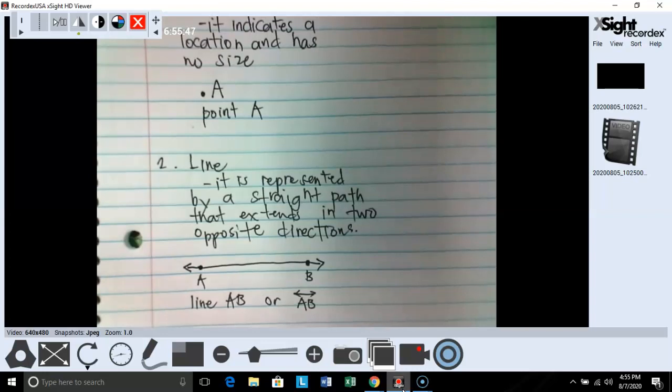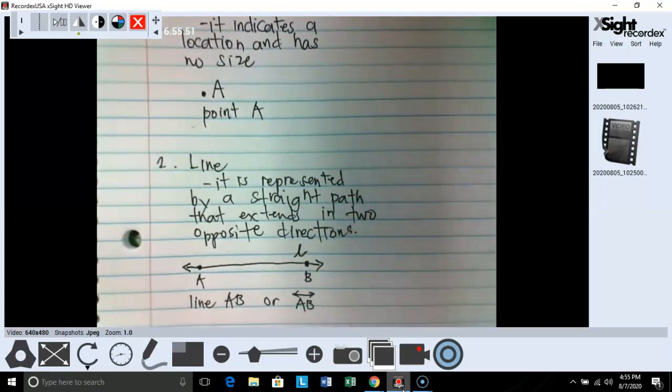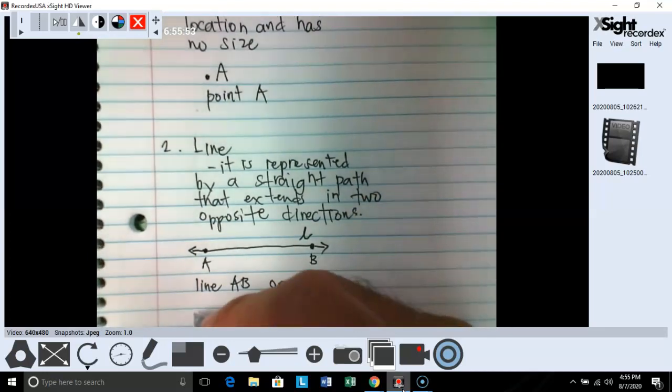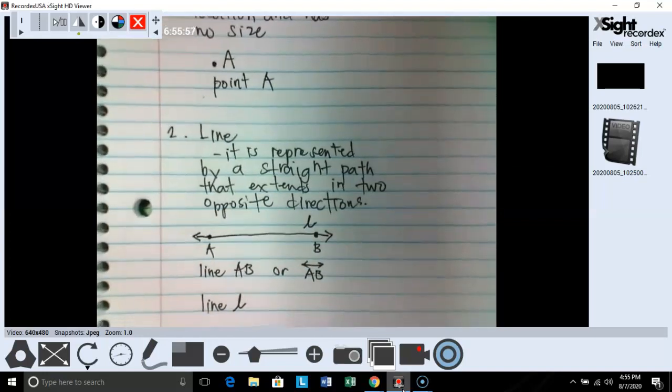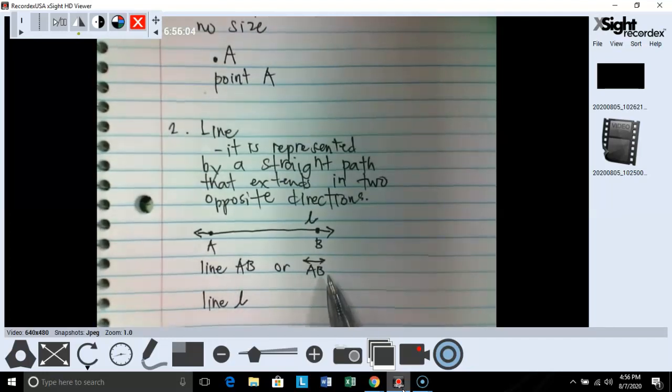Another way is using a lowercase letter. Let's say we have a letter right there. That's letter L. So we can say line L. So we can write it like this, line AB, or the symbol line with uppercase letters A and B, and we can say line L using the lowercase letter.